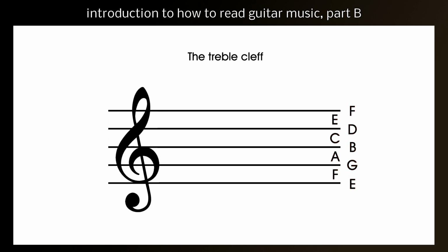In treble clef you can use a couple of handy catchphrases to help you remember the names of the notes on the stave. One is "Faces in the spaces", and the spaces are F, A, C, E. Faces in the spaces.